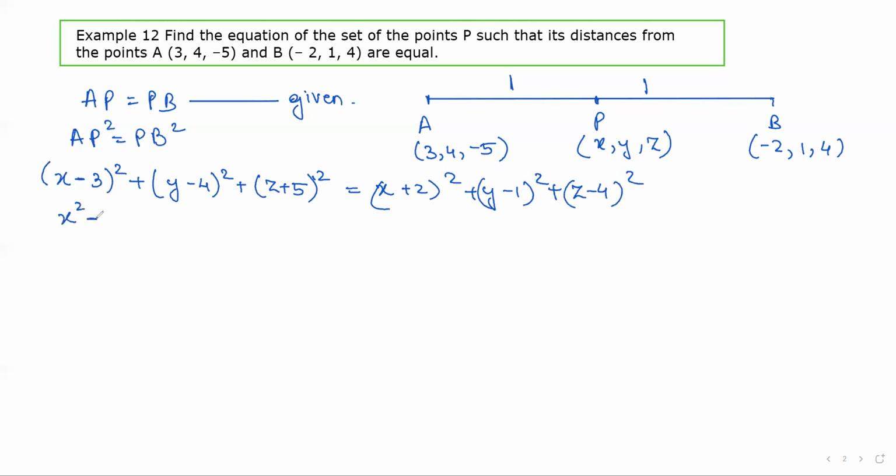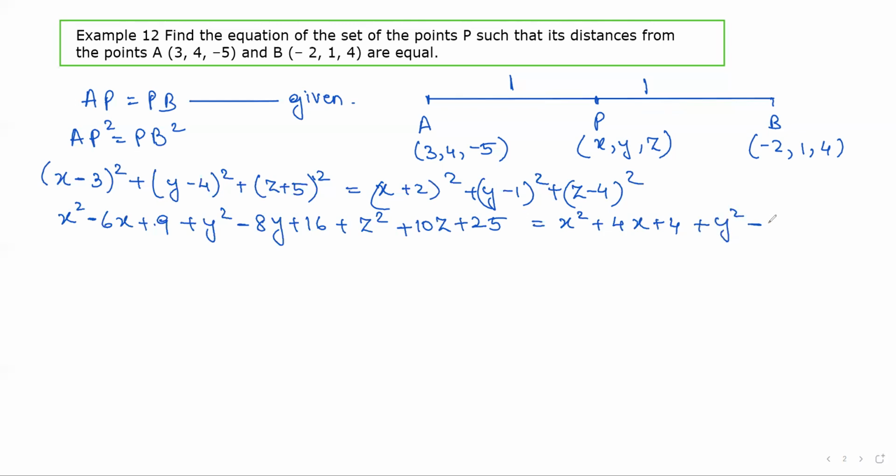So you have x square minus 6x plus 9 plus y square minus 8y plus 16 plus z square plus 10z plus 25 is equal to x square plus 4x plus 4 plus y square minus 2y plus 1 plus z square minus 8z plus 16.